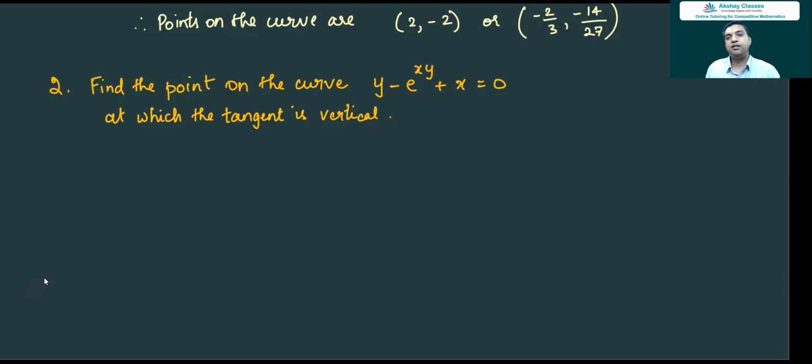Find the point on the curve y equal to e power xy plus x equal to 0, where the tangent is vertical.